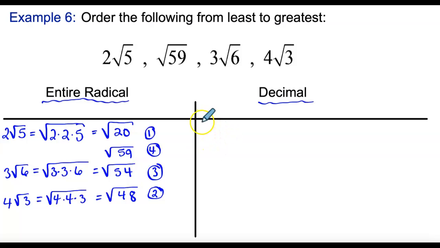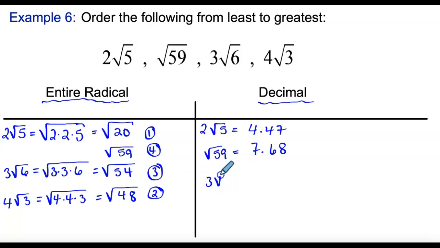Let's compare what we get when we write them as decimals. So 2 times the square root of 5, if you put that into your calculator, you will find that the answer is 4.47 if we round off. And the square root of 59, if you put that in your calculator, you would find that it's approximately 7.68.